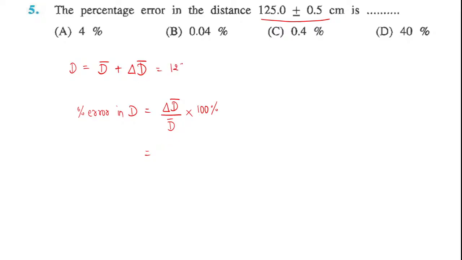It is 125.0 plus or minus 0.5, and that will be delta D, which is 0.5 whole divided by 125.0, multiplied by 100%. Now come on, compute this and tell me what is the final answer.